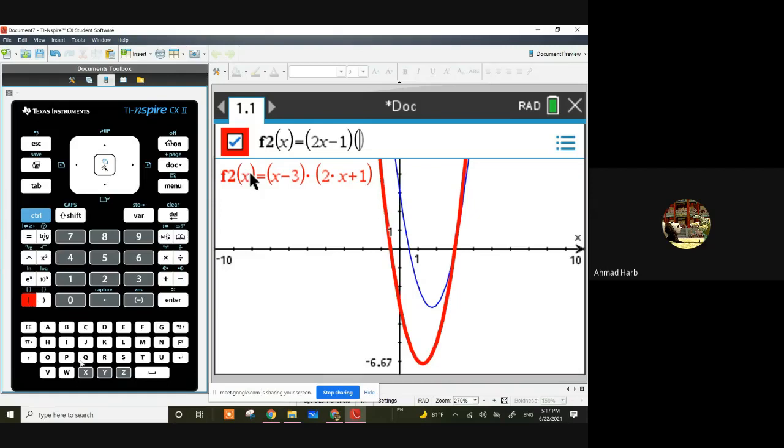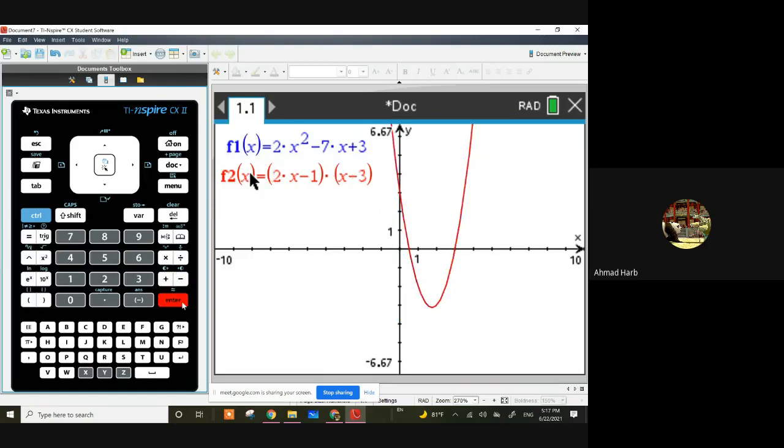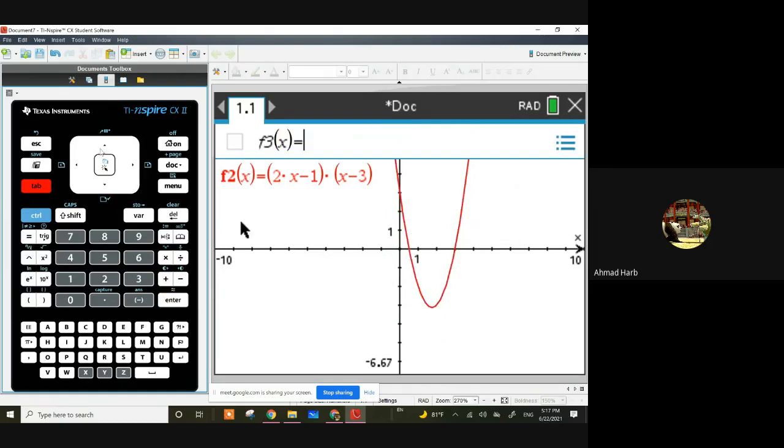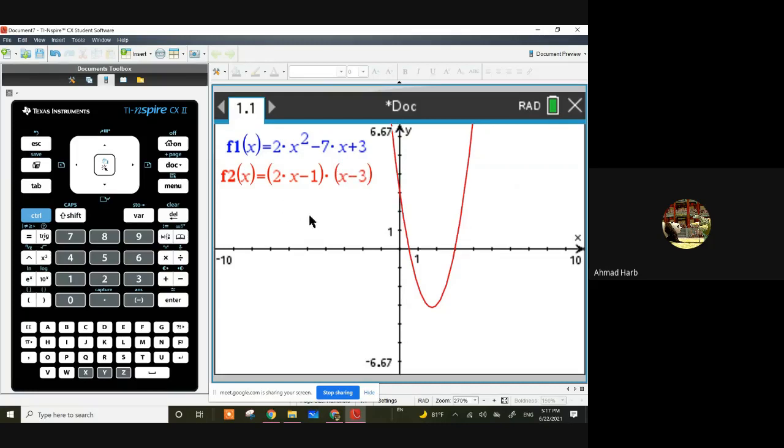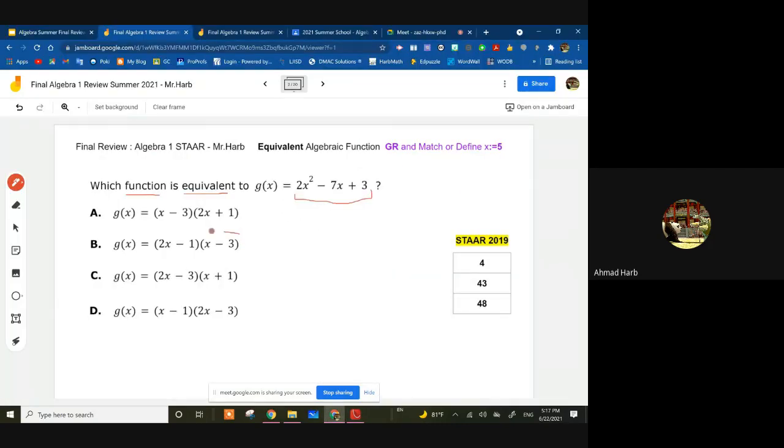You'll be okay. x minus 3. And is this equivalent to it? You'll notice now the red is on top of the blue. If you do tab, you notice the red is on top of the blue. So that is the answer equivalent to it. This is the answer choice: 2x minus 1, x minus 3. It is exactly equivalent to it.